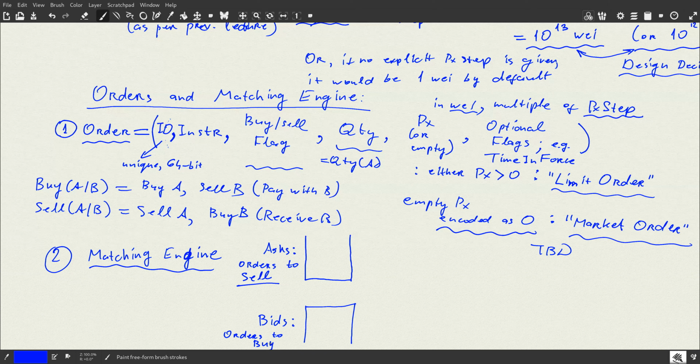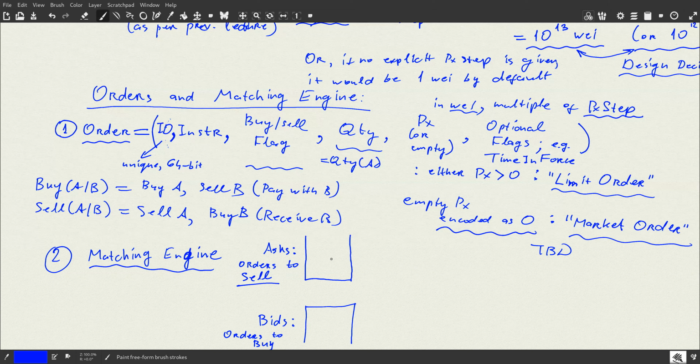Initially, when we just start our exchange, both the ask side and the bid side have to be modeled and represented as some kind of maps. But what the keys and values of those maps are, we'll see shortly. Both sides are initially empty. You see, these are some maps. I didn't even specify yet what kind of maps, but initially they're empty.